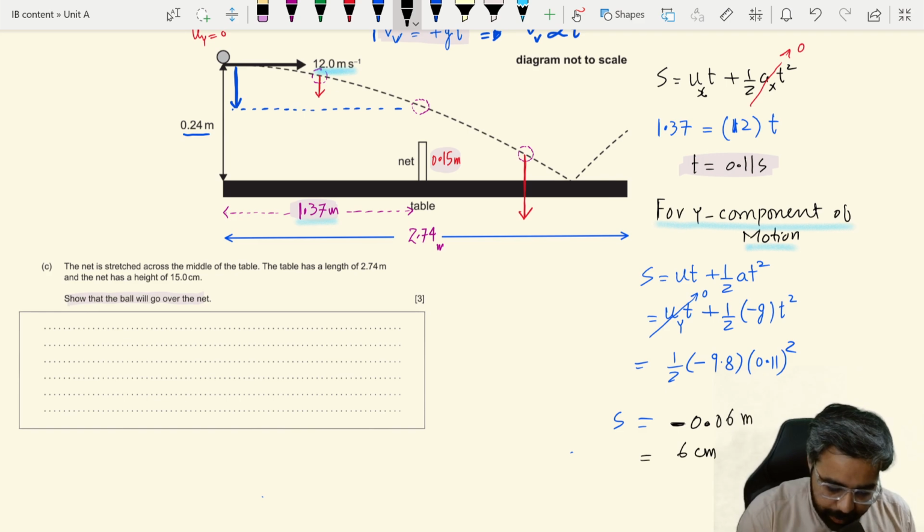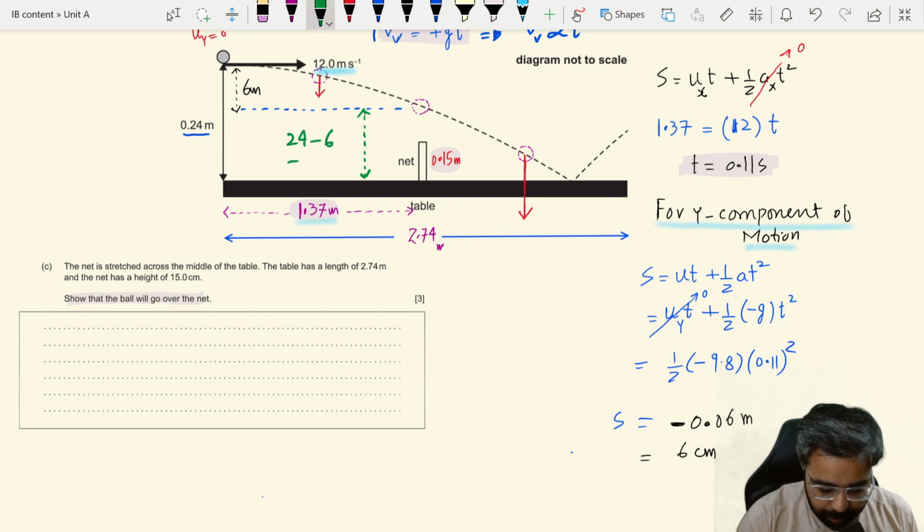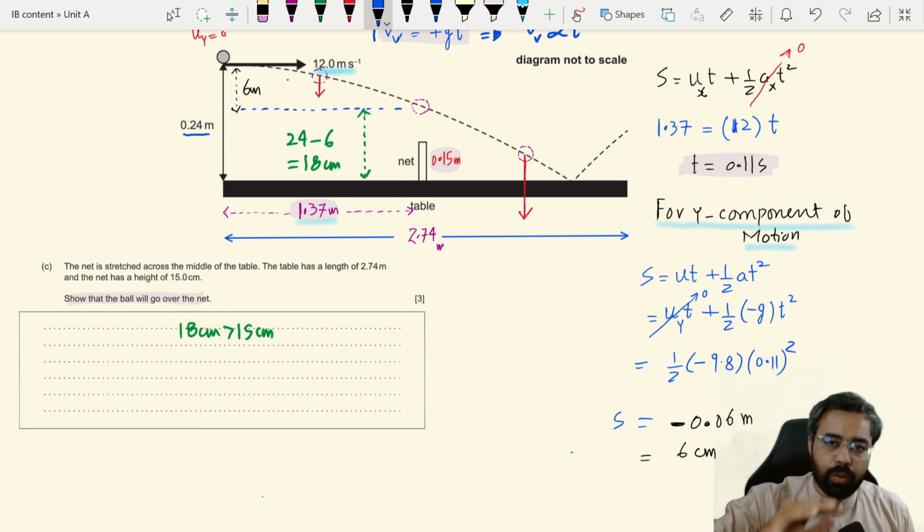It means that the ball has covered a negative 6 centimeters downward, or this distance is 6 centimeters vertical distance. So if we subtract it, then we can easily find out the position of the ball, which is how much? 0.24 minus, by the way, 24 centimeters minus 6 centimeters, that should be 18 centimeters. So it means that 18 centimeters is obviously more than 15 centimeters, which is the height of the net. So it means that the ball will obviously go over the net.